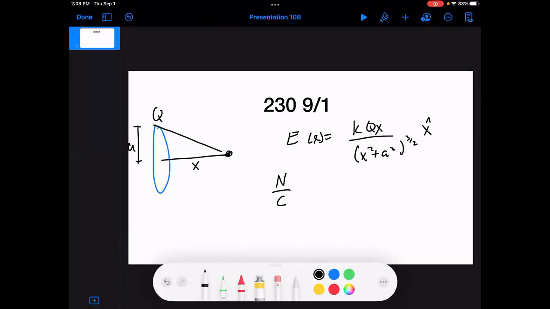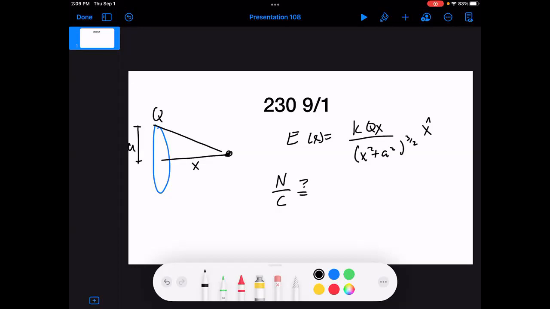Volt per meter also works. I just haven't told you guys what a volt is yet. Okay, and so let's see if we have newtons per coulomb on the other side.